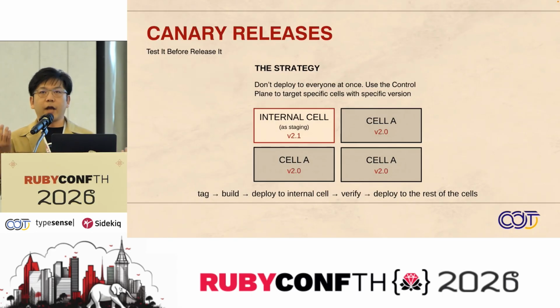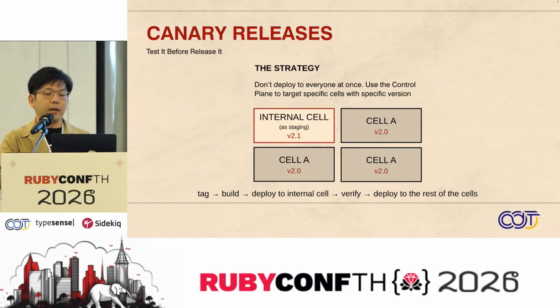Then when we have everything in place, we can deploy a specific version into a specific cell and route traffic to it. Once we have this versioning in place, we can use it to build a nice staging strategy on top of our cell architecture. Instead of duplicating the entire cluster just to have a separate staging environment, we do something simpler. We designate one extra cell as an internal cell. The cell is only used by the team's internal testers, maybe a small set of beta users.